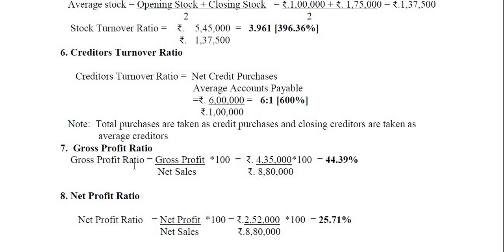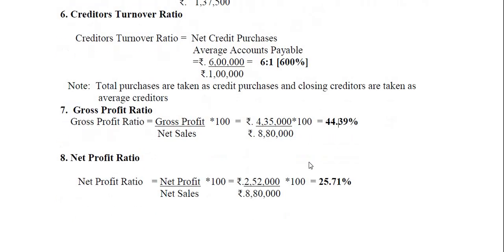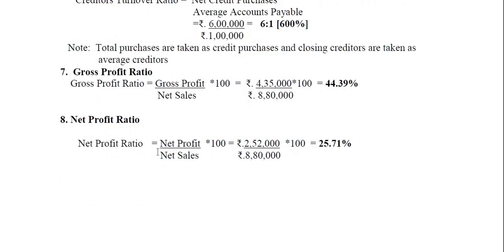Gross profit ratio. Gross profit divided by net sales into 100. So if you apply the information, you will get 44.39%. Net profit ratio. Net profit divided by net sales. So you will get 25.71%.